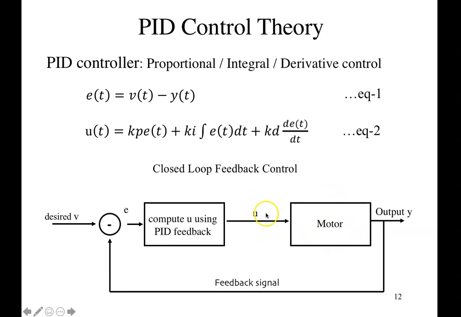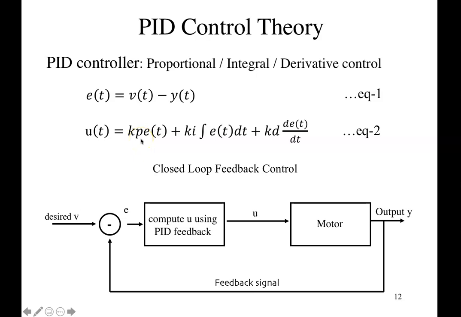Okay, this output contains or may contain 3 different elements. The first element is called P control or P term. P stands for proportional. That means the output U is proportional to the control error, E. The value Kp here is a gain we select.